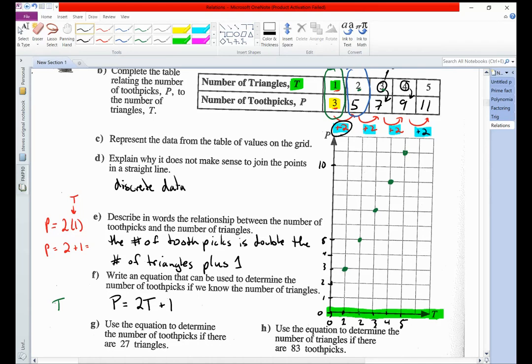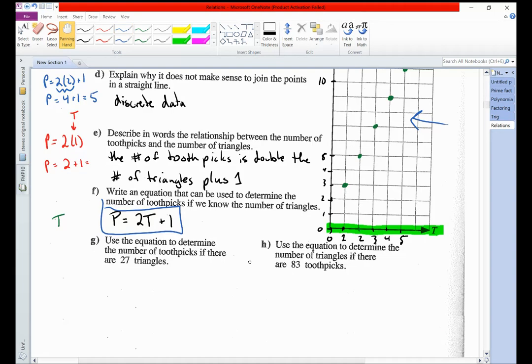P is equal to 2T plus 1. So when T is 2, P should be 5. So let's put a 2 where there's supposed to be a T. 2 times 2 is 4, plus 1 is 5. So that works. And if you want, you can double check a couple other points. But that's the equation right there that represents this data set and this graph.